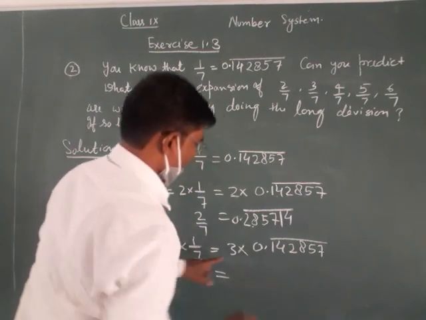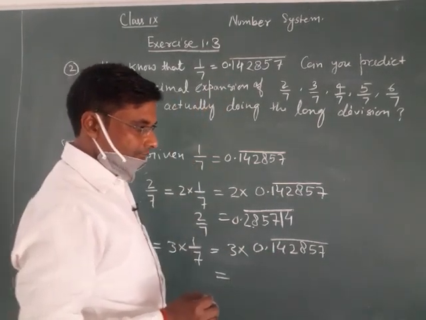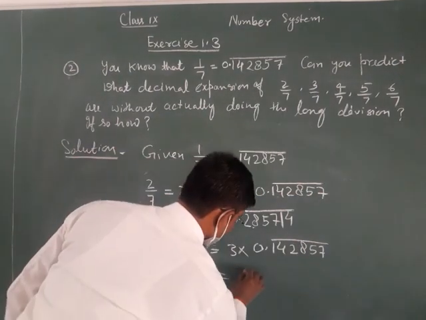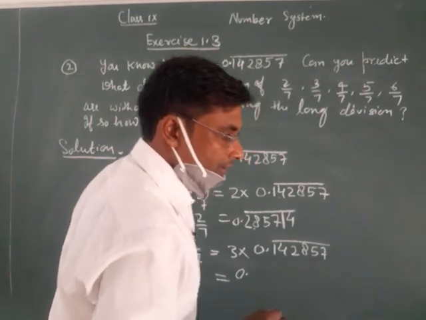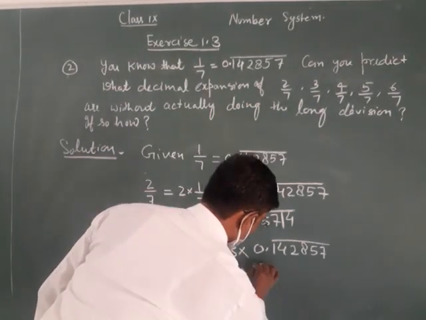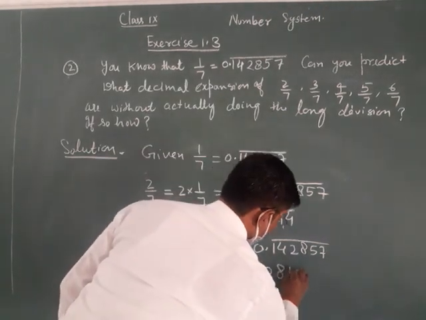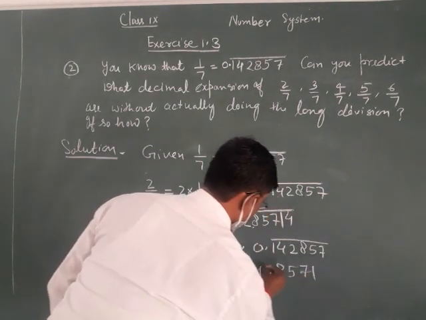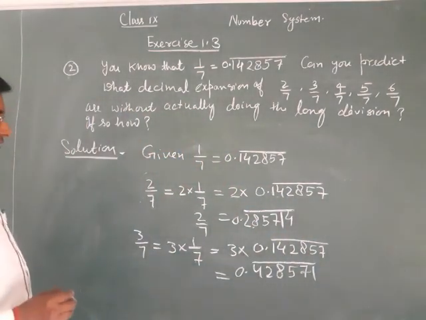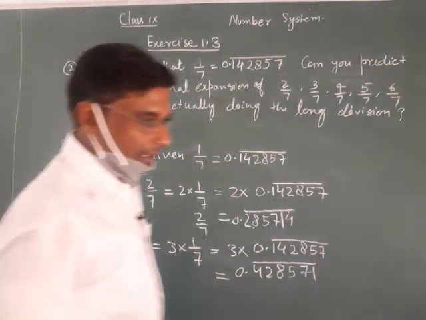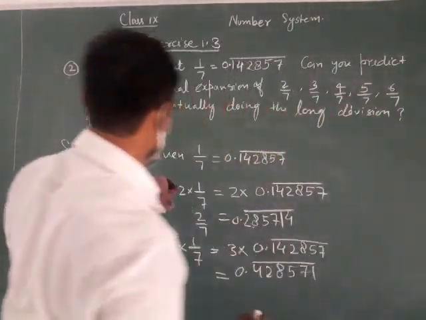Also multiply by this, we get 0.428571. This is the bar over the digits. This is the answer. And also another part you can solve.